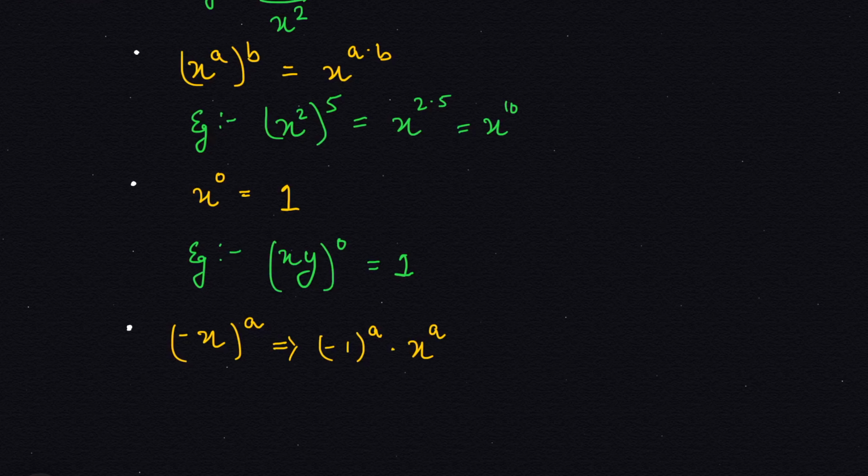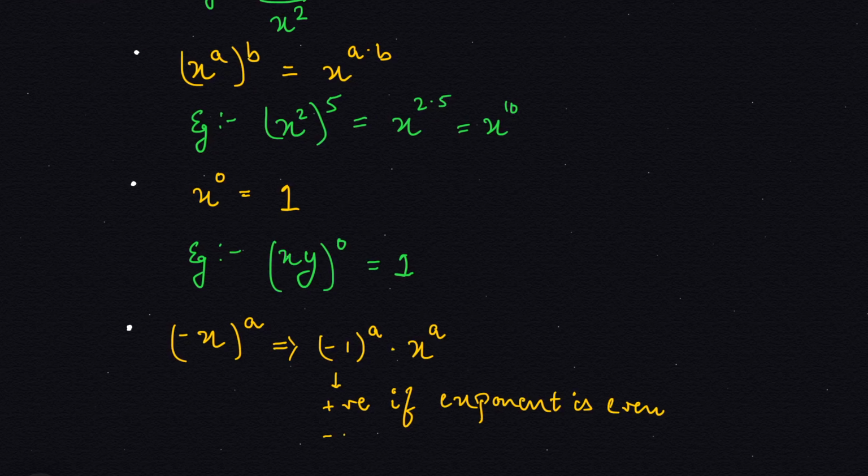That means our result will be a positive expression if the exponent is even, and our result will be a negative quantity if the exponent is odd.